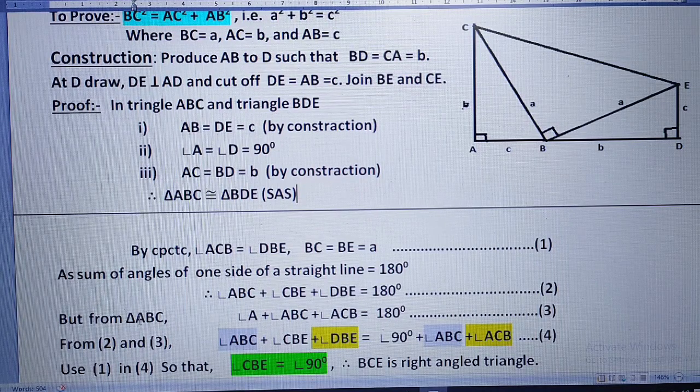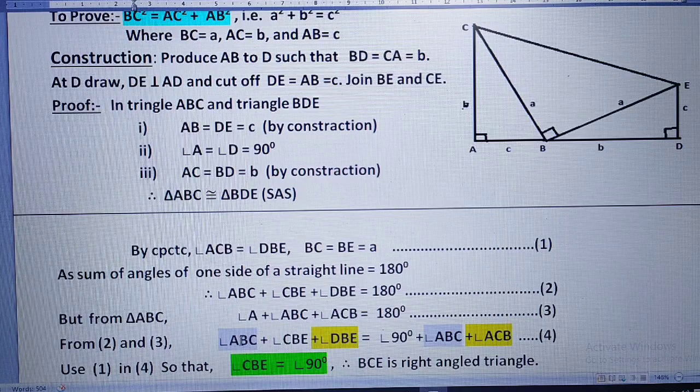But from triangle ABC, we know the sum of the three angles of a triangle is equal to 180 degree. So angle A plus angle ABC plus angle ACB is equal to 180 degree. That is statement 3. From statements 2 and 3, the right hand side is 180 in both, so the left hand sides are equal. Hence angle ABC plus angle CBE plus angle DBE is equal to 90 plus angle ABC plus angle ACB.